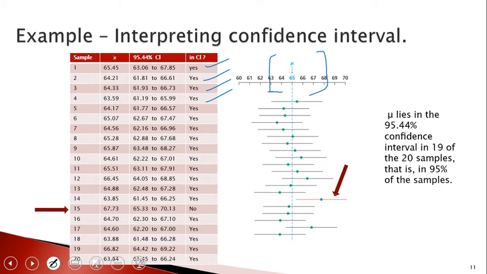You can check each of these confidence intervals to see if they are in between the confidence interval which you just calculated. For example, this one, 62 and 66, these two values are inside this interval. But you see here in this case it's not inside your interval, it is somewhere here.